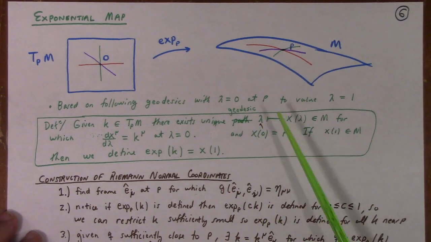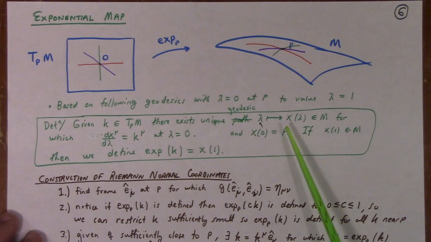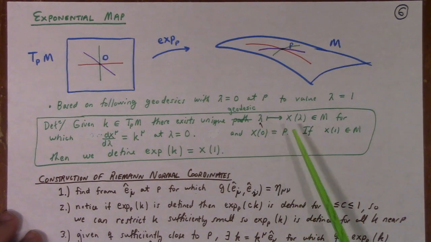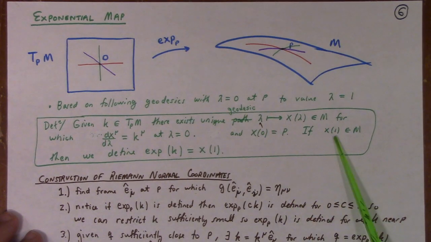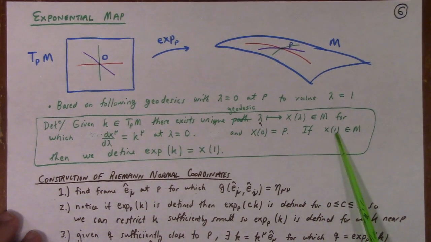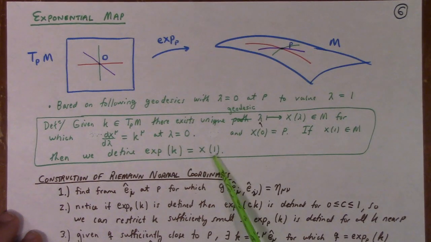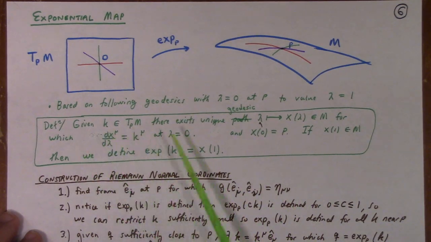Now, there's not a guarantee that that solution continues on forever, but if it continues until parameter 1, then we define x of 1 to be the exponential of k. This is a very convoluted way of defining a map, but that's what it is.